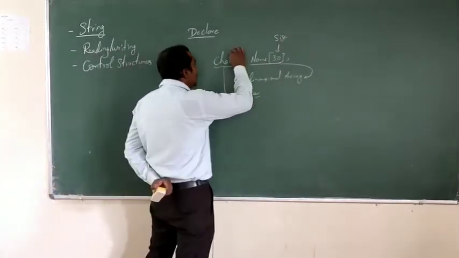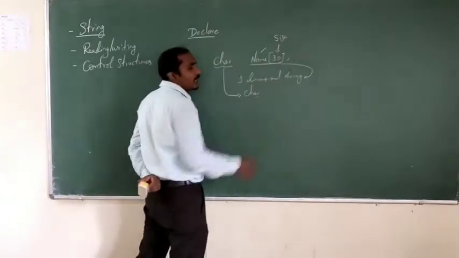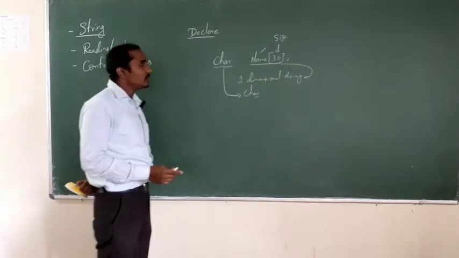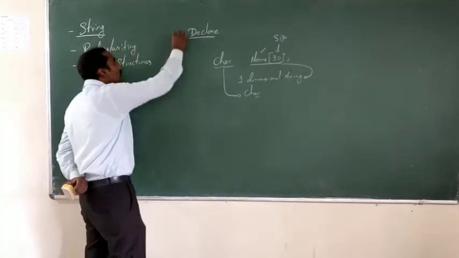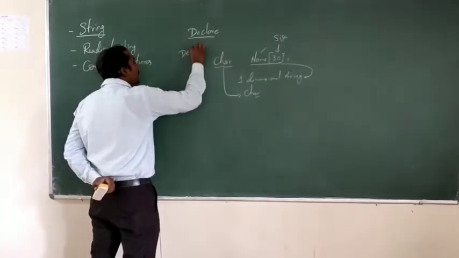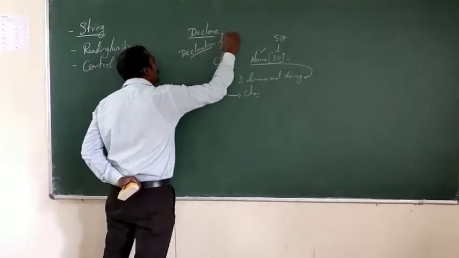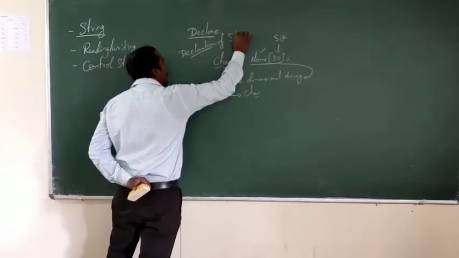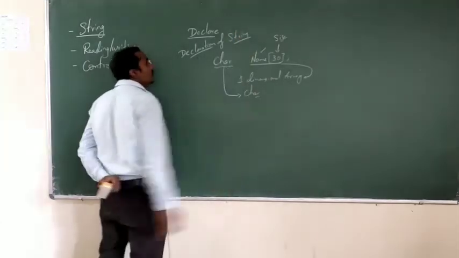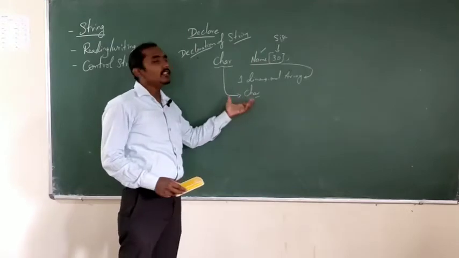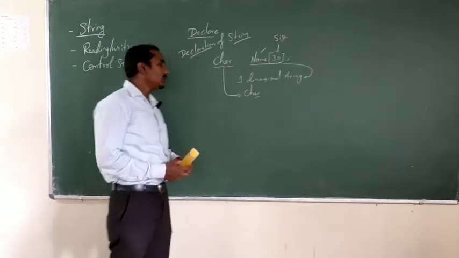So I have created a variable called name, which is character type. It can store 30 characters. This is how you can declare a string in C++. If you want to define any string in C++, it will be declared like this.